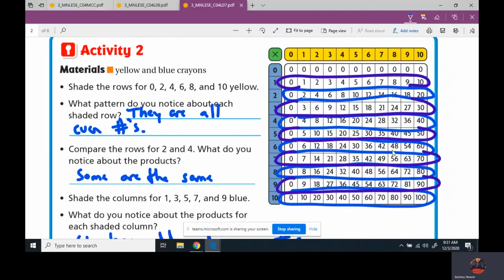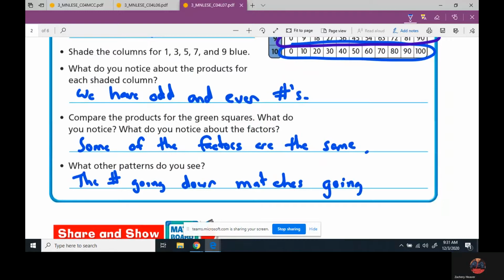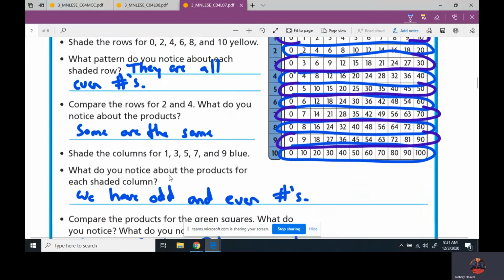8 down is the same as 8 across. So I would say the numbers going down match the numbers going across. That's the biggest thing I want you to see.